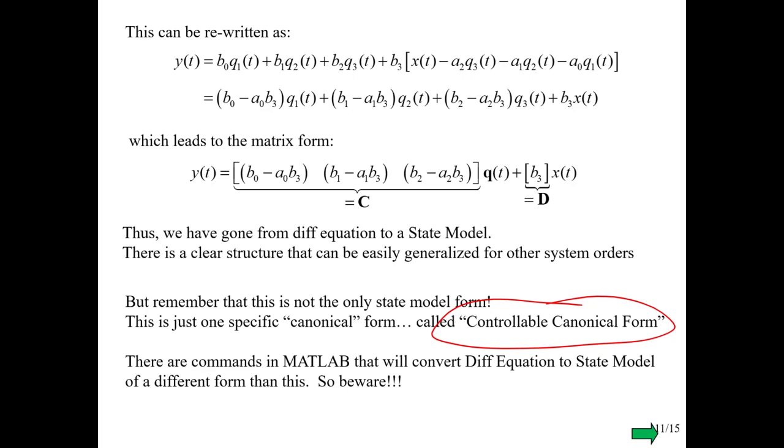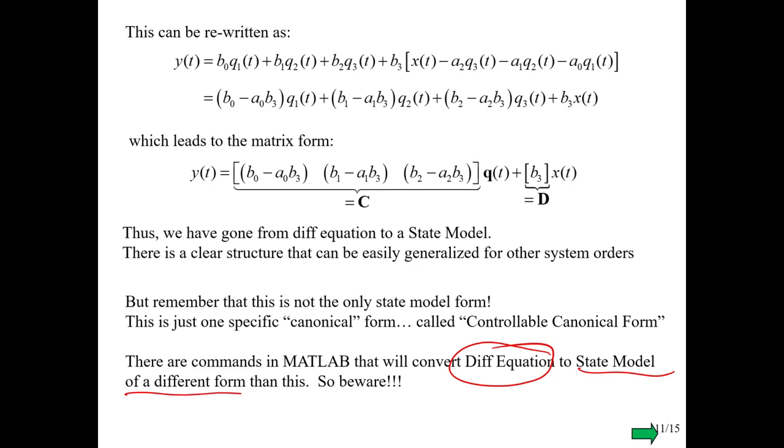Now, there are MATLAB commands where you put in the parameters, the coefficients from a diff equation, whether it's continuous time or discrete time, and it claims it will give you a state model. But what state model? Remember, there's no unique state model.